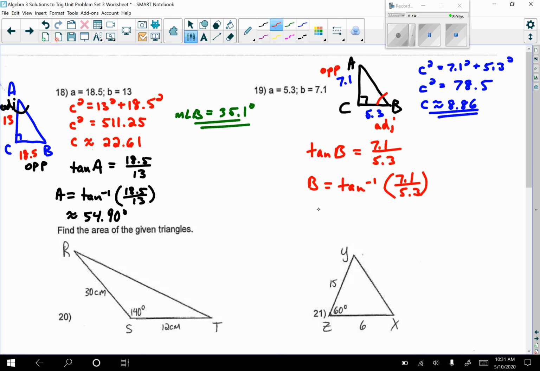And we get that B, measure of angle B, is approximately 53.26 degrees. And then the measure of angle A is going to be 90 minus 53.26 degrees, so 36.74 degrees.